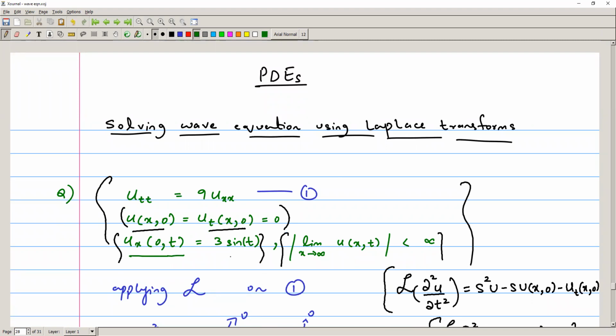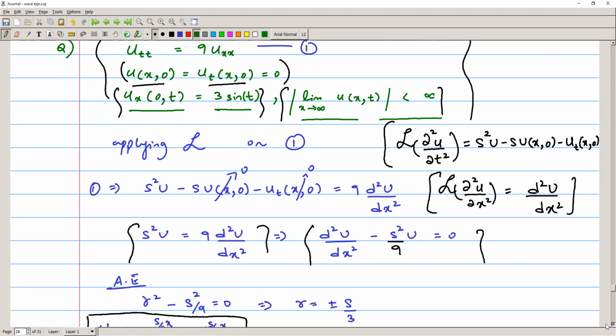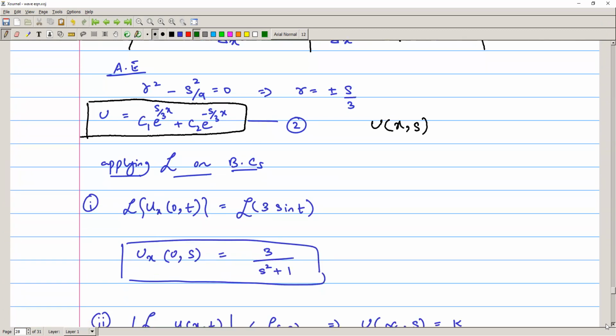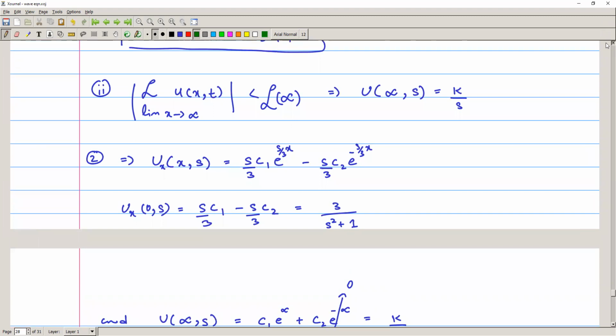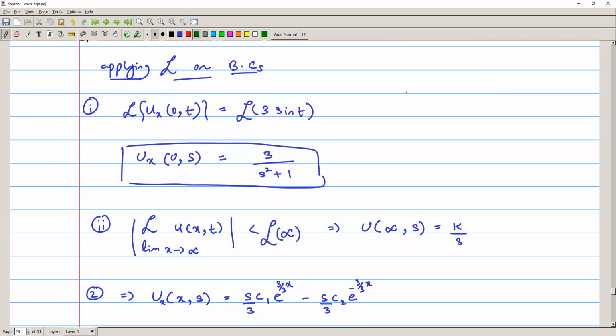These are the conditions. We'll write it again at the bottom. u_x(0,t) is equal to 3 sin t, and we are going to apply the Laplace transform on both sides.